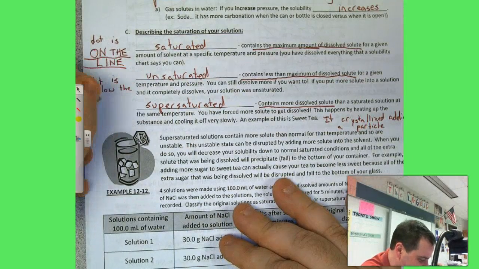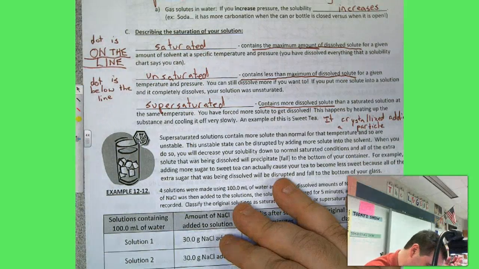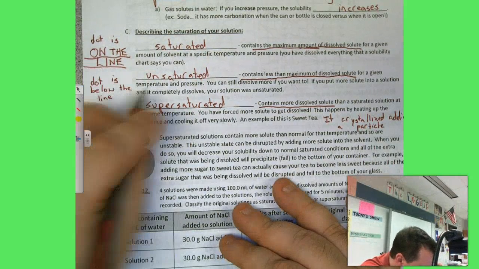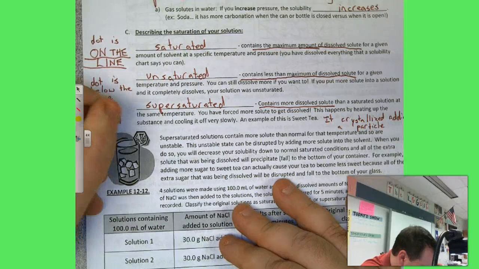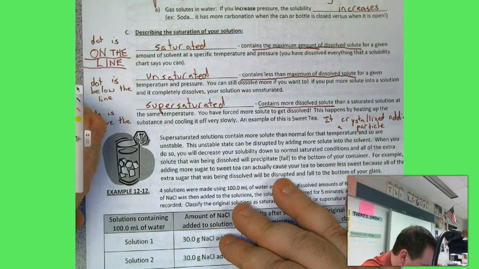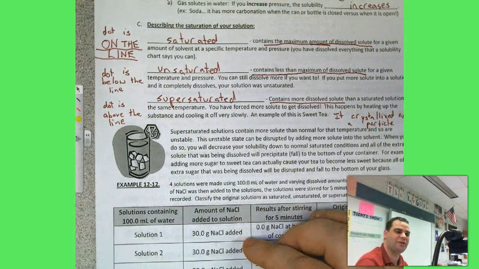That was my underground reference to you because the dot's below the line, just like underground is below the ground. Okay. If the dot is above the line, okay, it is supersaturated.